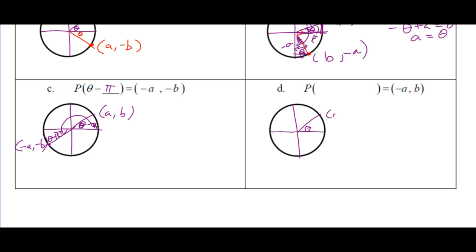Okay, so here's theta at AB. So where's negative AB? Negative AB. So what's this angle? So pi minus theta.